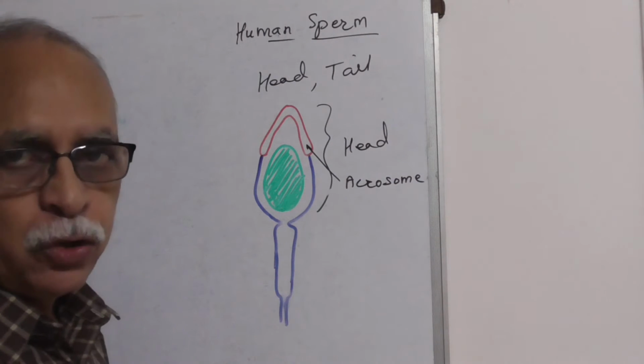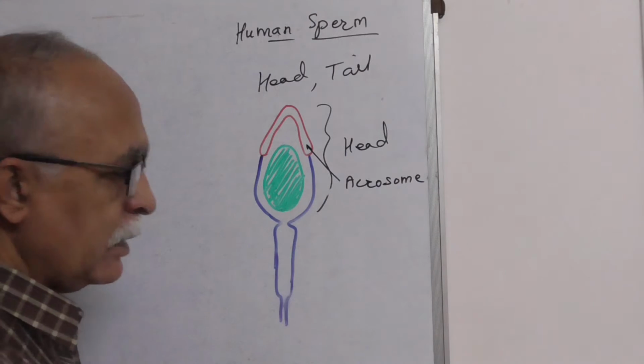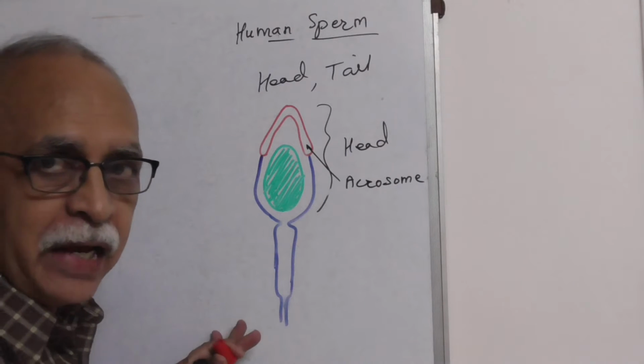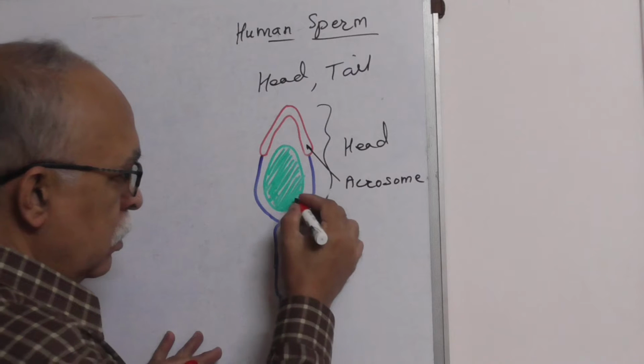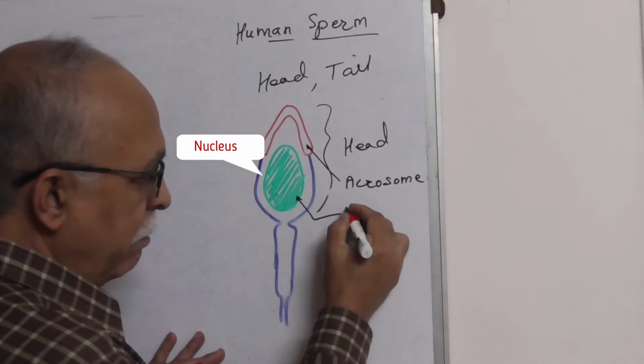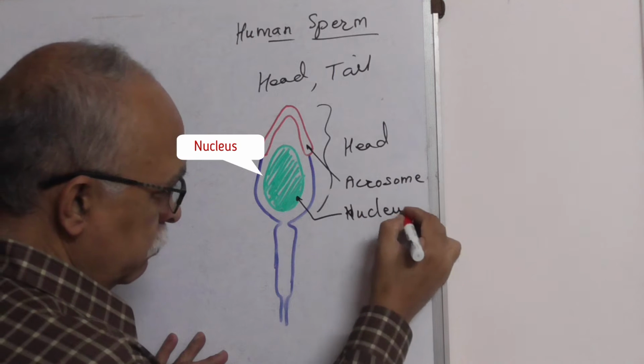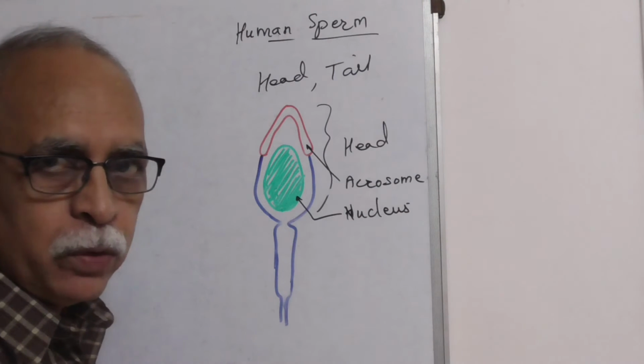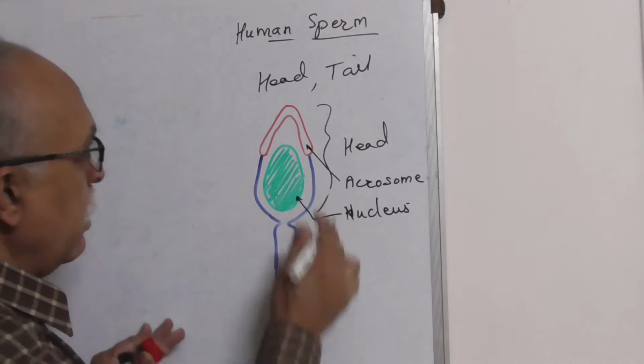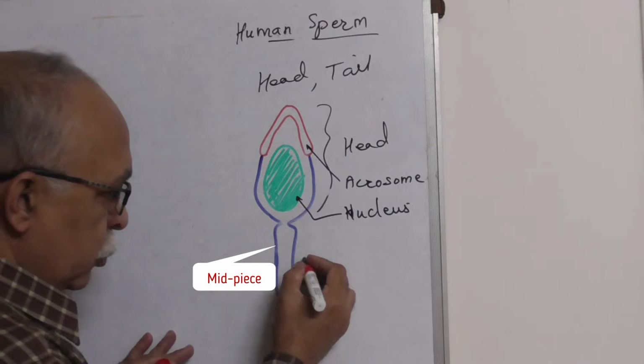Some comes from lysosome. So it's a lysosome present at the tip of the sperm, hence it's called acrosome. This is a haploid nucleus. Haploid nucleus. Next, now the tail will be divisible into this.